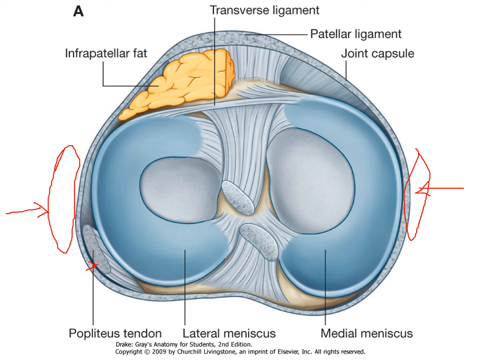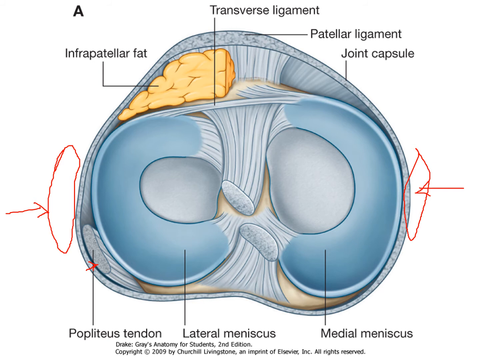So in case of an extracapsular tear of the medial collateral ligament, there will also be damage to the medial meniscus. The lateral meniscus will be injured only if the lateral collateral ligament is torn and the tendon of popliteus is torn as well.